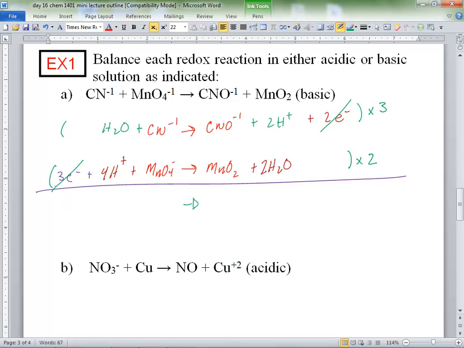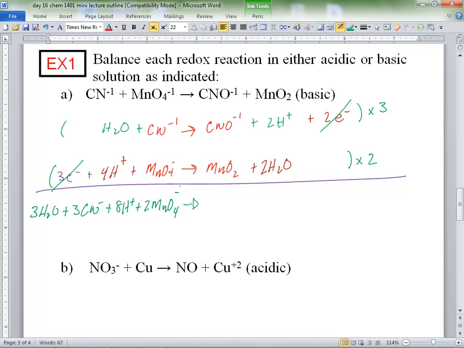Now the hard part's really done. So now we multiply 3 by all those reactants, add them up. So we'll have 3 H2Os and 3 CN negatives. And then you add up the second half reactants. But you got to multiply them by 2 first. So 2 times 4, 8 hydrogen ions and 2 permanganates.